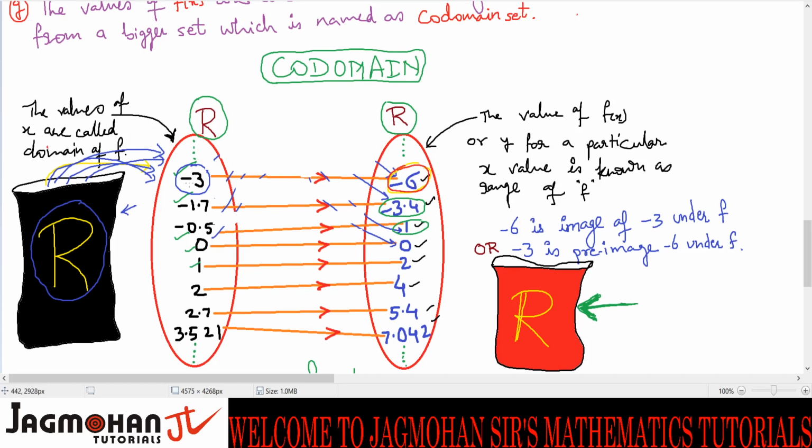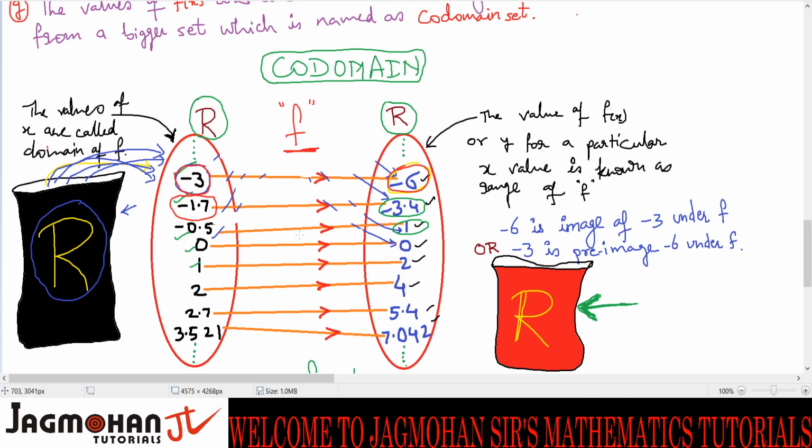Negative of 6 is the image of negative of 3 under the rule f, and negative of 3.4 is the image of negative of 1.7 under the mathematical rule f, which is the function. And hence you are getting ordered pairs. See, you are getting minus 3 comma minus 6, minus 1.7 comma minus 3.4, and so on.